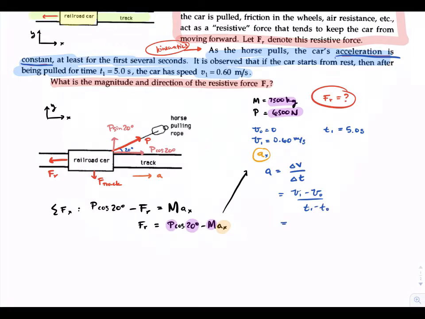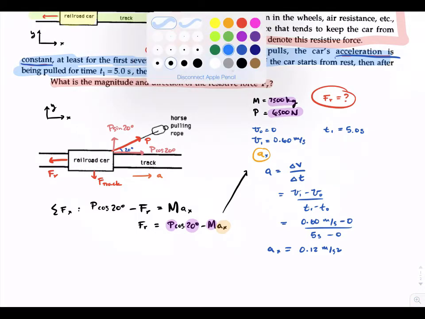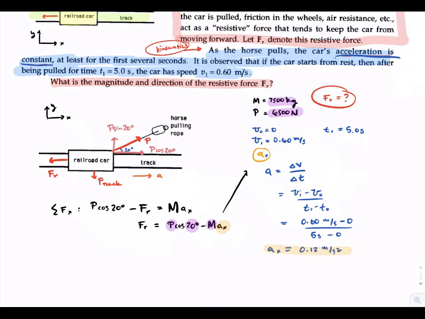That comes out to be 0.60 meters per second minus 0 divided by 5 seconds minus 0. When you put all this together, you get 0.12 meters per second squared. So that is our acceleration in the x direction, which is what we were looking for to finish off this problem. So now we have all of the numbers we need because this plugs back in there.